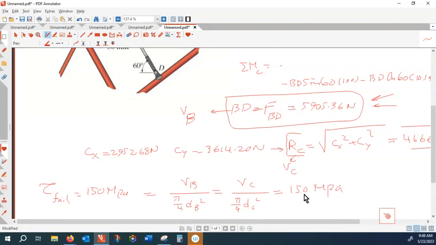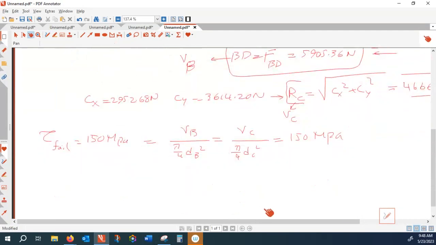If I take the first term with the 150, that gives me the diameter of B. If I take the second term with 150, that gives me the diameter of C. So easily you can solve that one and find the diameter for each.